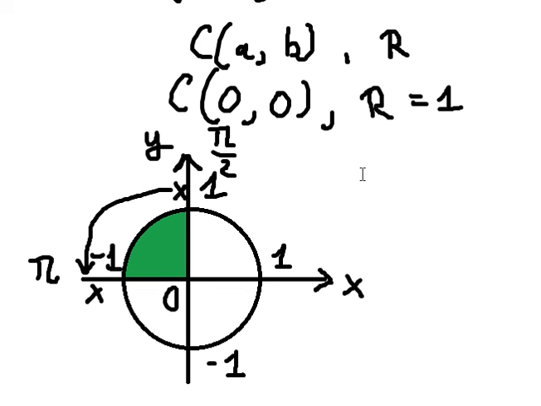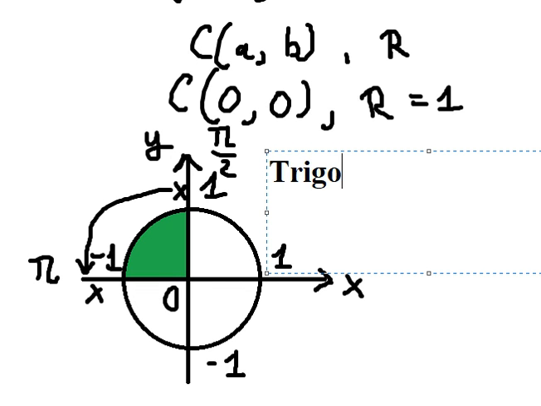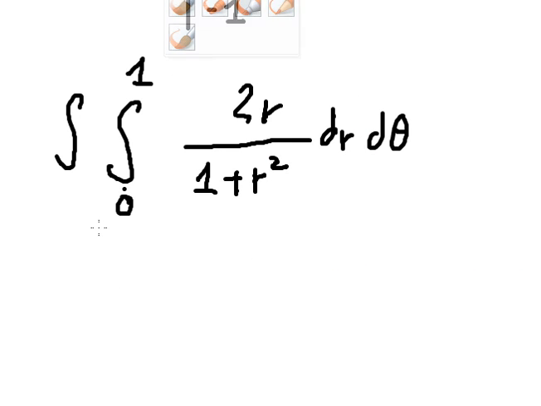So we just use the trigonometric circle. And now we put pi over 2 here and pi here.